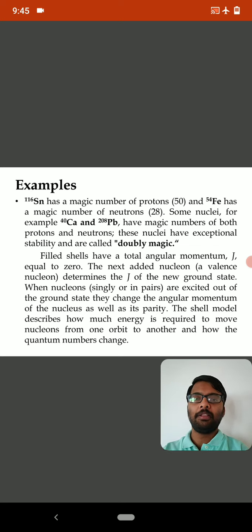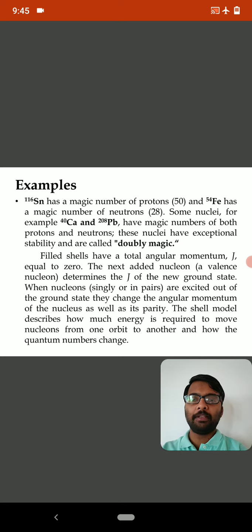We have also discussed in today's session the nuclear fission process on the basis of the liquid drop model, that is, the splitting of a heavy nucleus into two or more lighter nuclei. So this is about the liquid drop model.